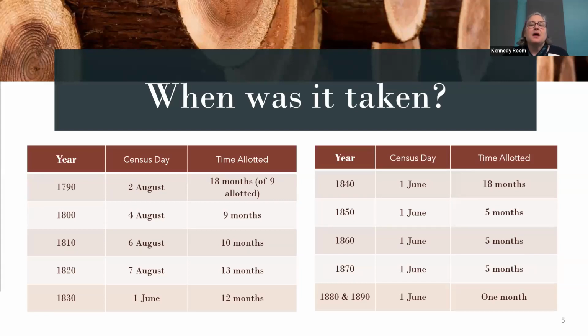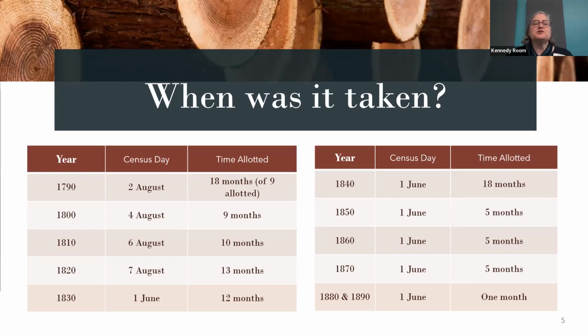So, when we look at the 72-year rule, it goes from what was the date given on the census and what was the day they were supposed to keep it going. And so in 1790, Census Day was 2nd of August. They allotted 9 months, and it took them 18 months to take it.